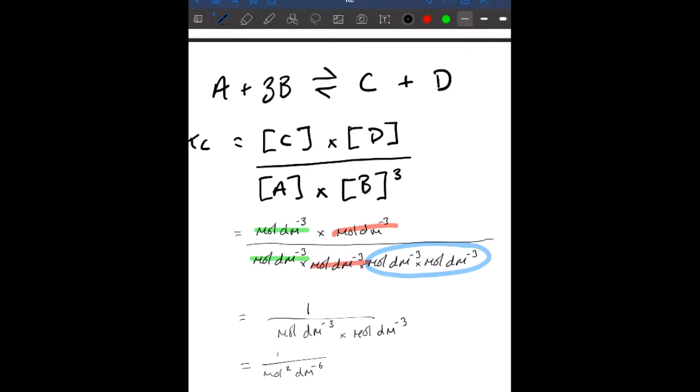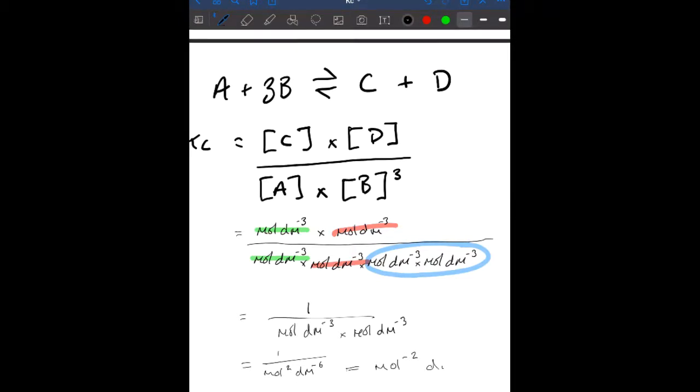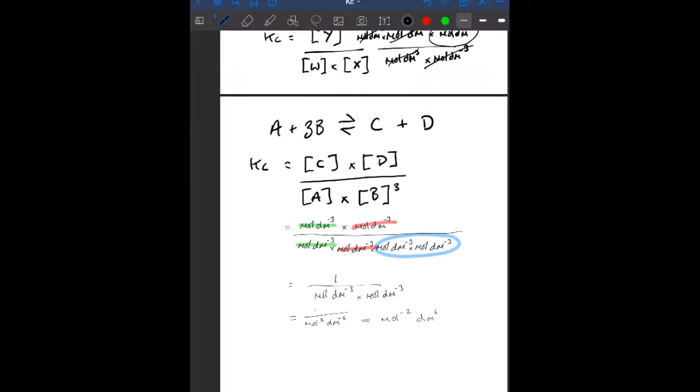So let's just, so we have then got simplified down, moles to the minus 2, dm to the 6. Not going to go into that in much more detail for you working out units. What I would quite like to get into is how we can then start putting this into practice.